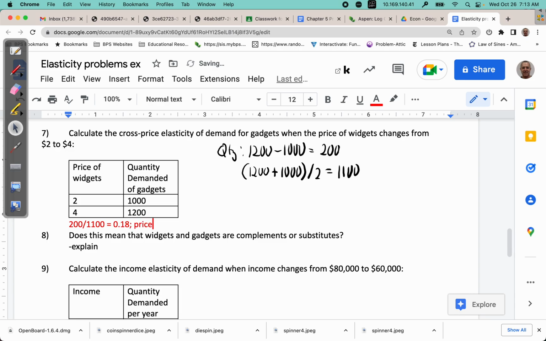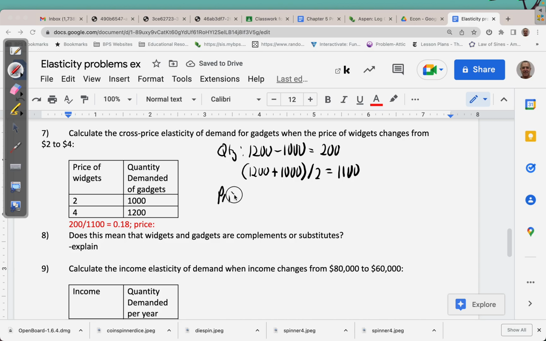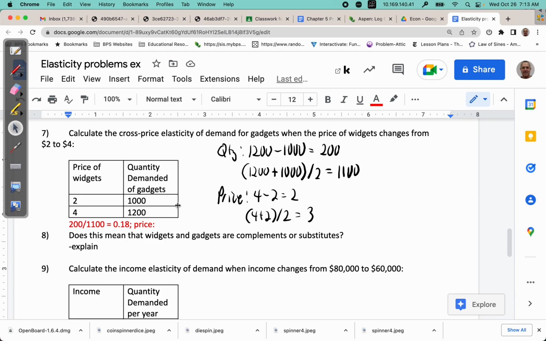Now, price. Let's do the same thing with price, but we have to be really careful. Make sure we're subtracting in the same direction, bottom to top. 4 minus 2 is 2. The average of 4 and 2, 4 plus 2 divided by 2, is 3. So your percent change in price is 2/3, which is 0.66.